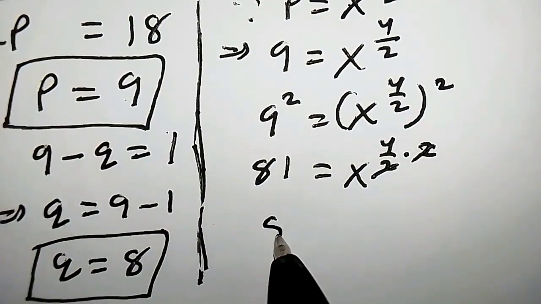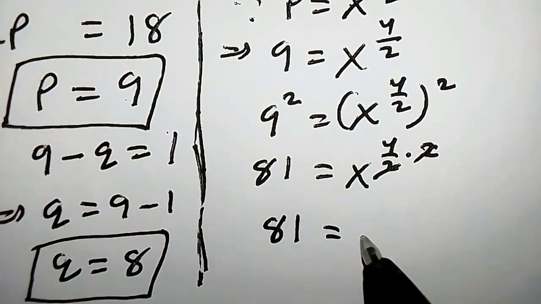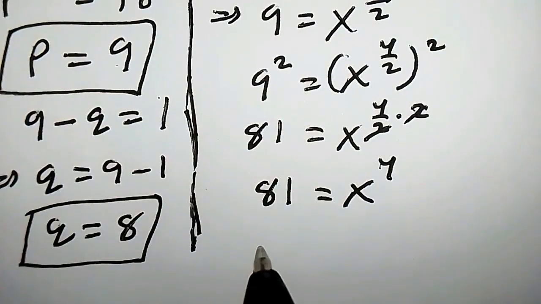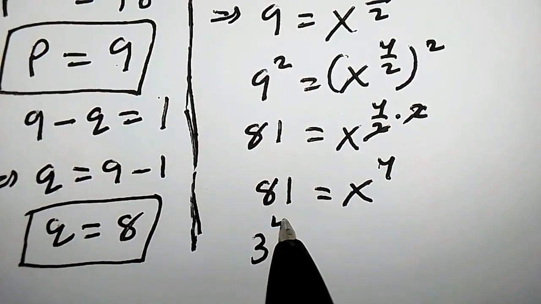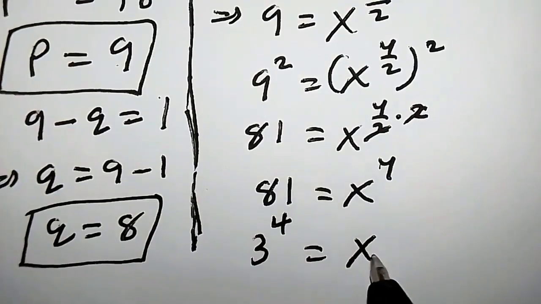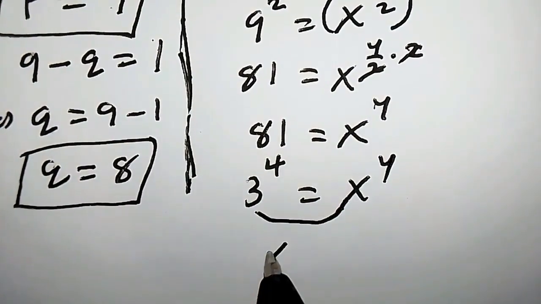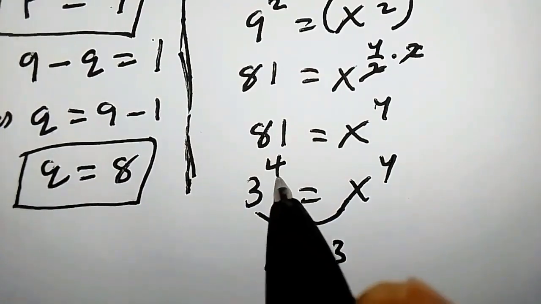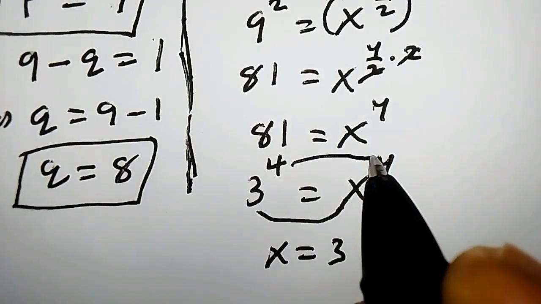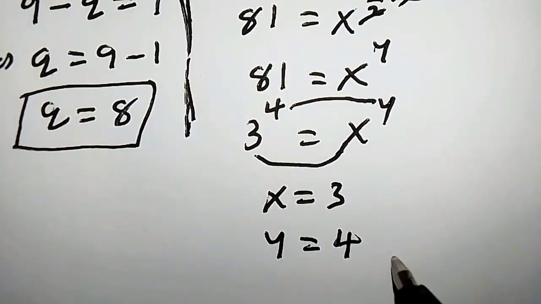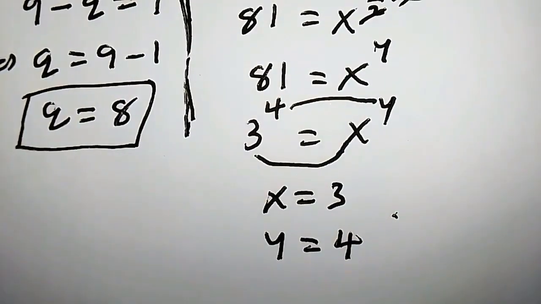We are left with 81 equal to x raised to y. 81 also could be written as 3 raised to 4 equal to x raised to y. If we compare the base, x is clearly equal to 3, and if we compare the power, y is equal to 4. Just take note of this.